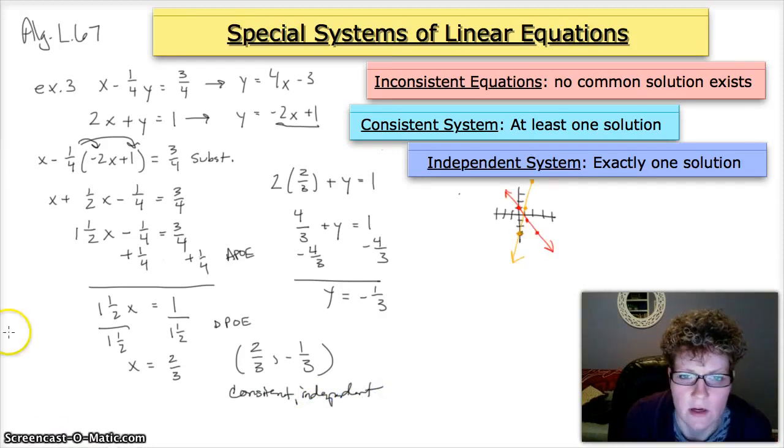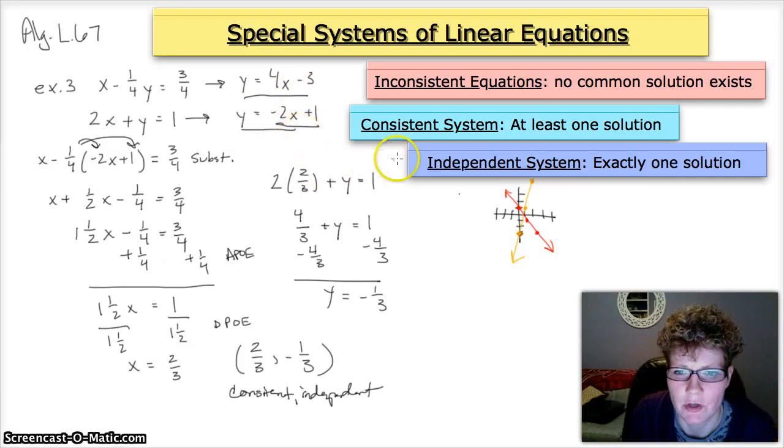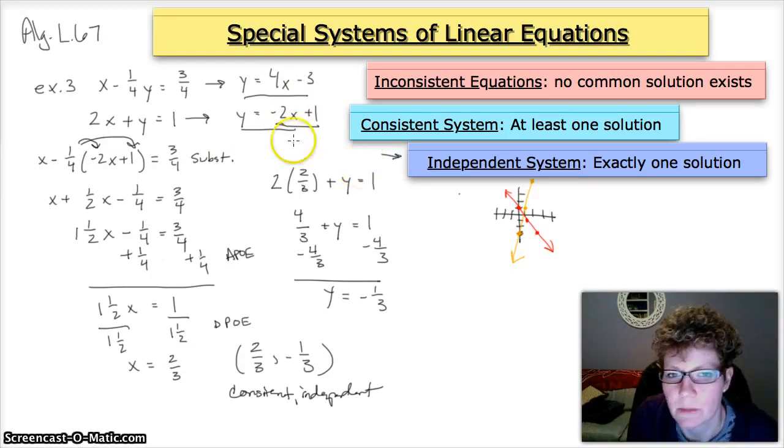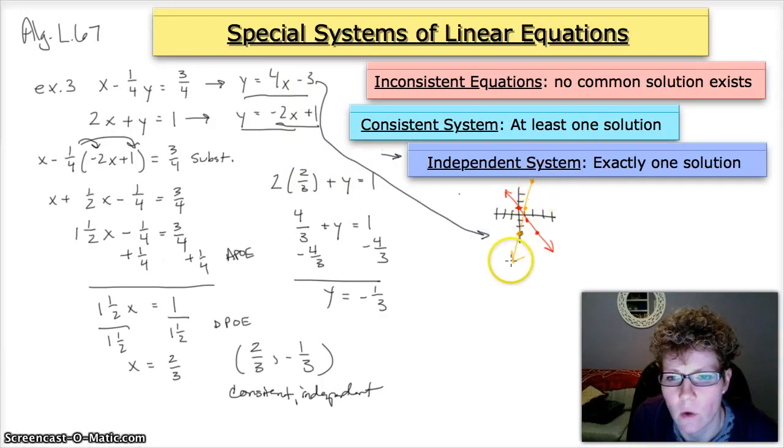So one final thing on this is I put them in y or slope-intercept form so that we could graph them to make sure that they are an independent system where they have exactly one solution. So I went ahead and graphed y equals 4x minus 3. That's the yellow one. And then the red one is y equals negative 2x plus 1.